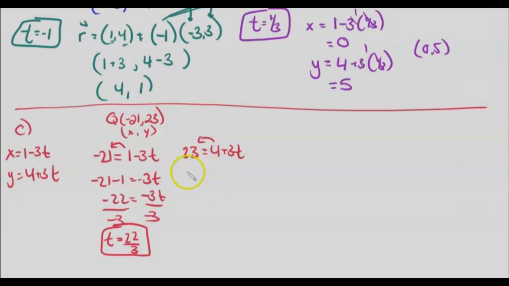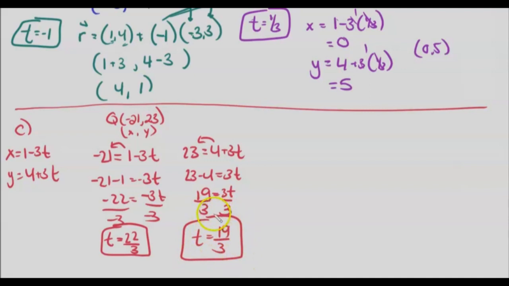So let's solve for this. 23 minus 4 equals 3t. I get 19 equals 3t. Divide both sides. I get t equals 19 over 3. So since these have different parameters, there's no one parameter that we can sub in to these parametric equations in order to get Q. So therefore, Q is not on the line.